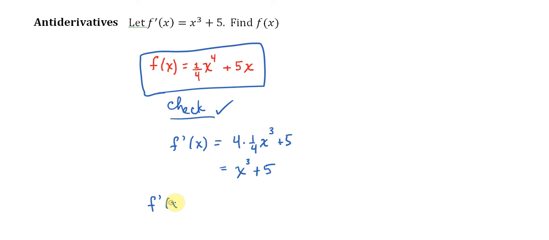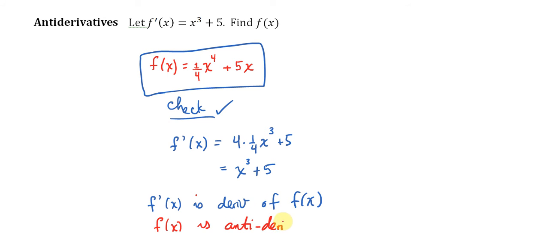We can just say the following: f prime is the derivative of f, and the antiderivative just means the thing you took the derivative of. So f is the antiderivative of f prime.